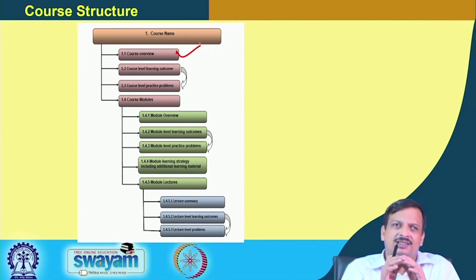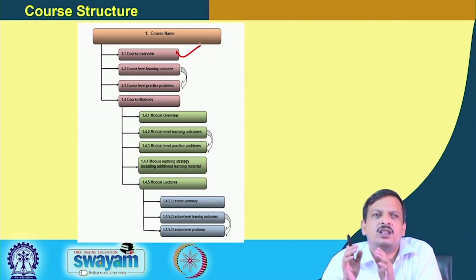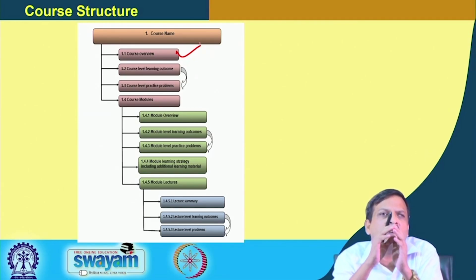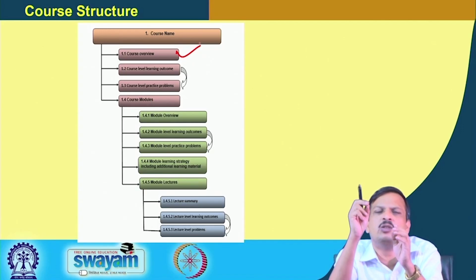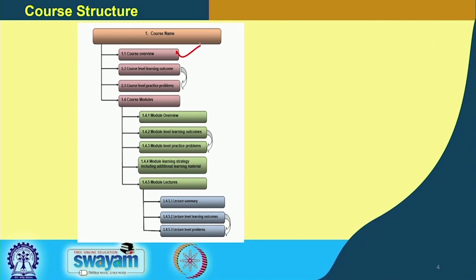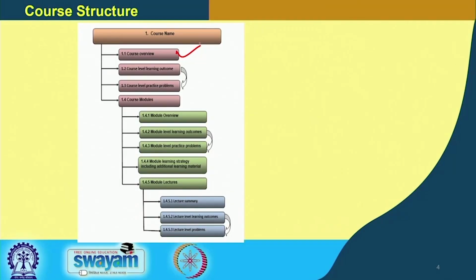Generally, if I ask what a course overview is, we think it is the coverage of the course: this course will include this topic, this topic, and the application of this topic in that topic. People generally write the course overview like this. But here the course overview should not only cover the topics, it should also include one paragraph on how you are able to motivate the student to take this course.